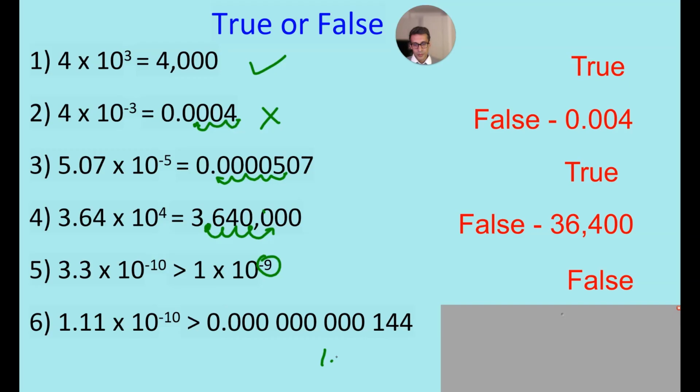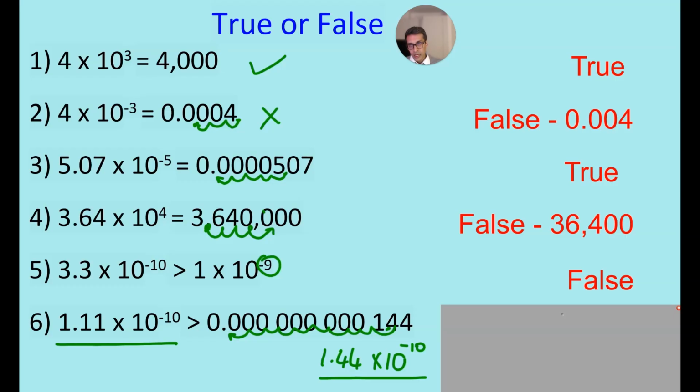And then this one here, we might need to do a bit of a conversion. So we know that this is going to be 1.44 times 10 to the power, well, the decimal is going to move 1, 2, 3, 4, 5, 6, 7, 8, 9, 10. So negative 10. So that turns out to be 10 to the power negative 10, and you can see that you've got 1.11 times 10 to the negative 10, 1.44.